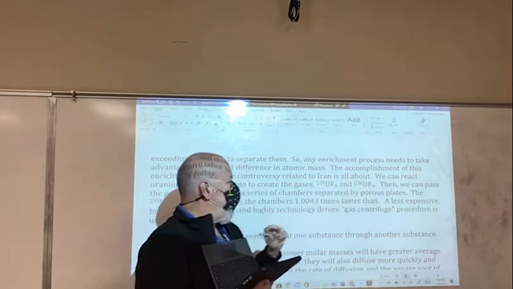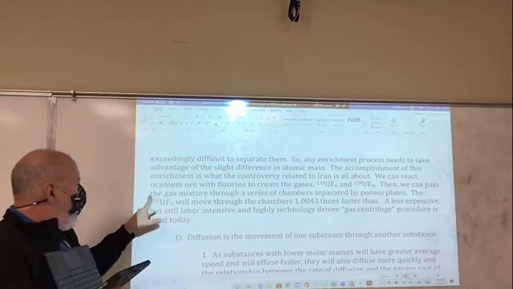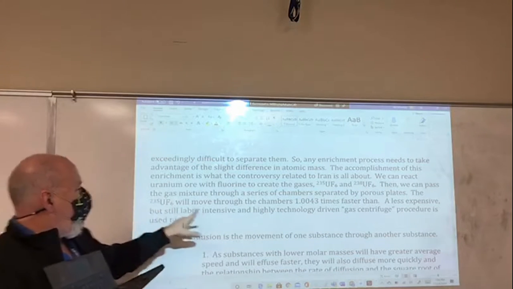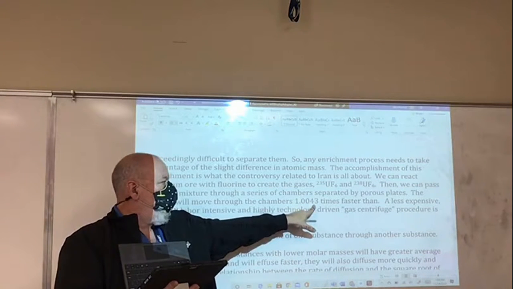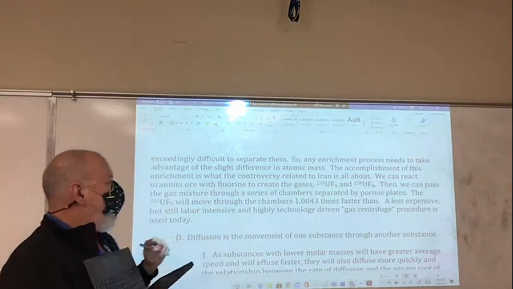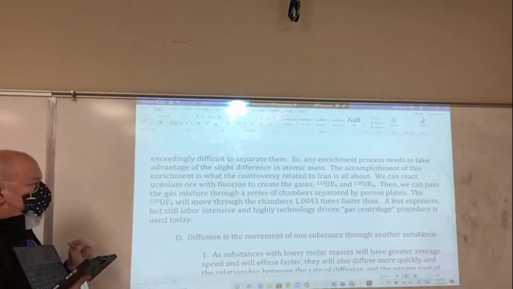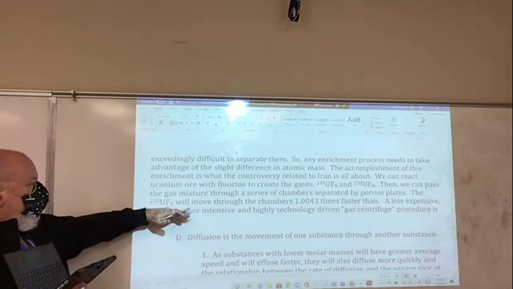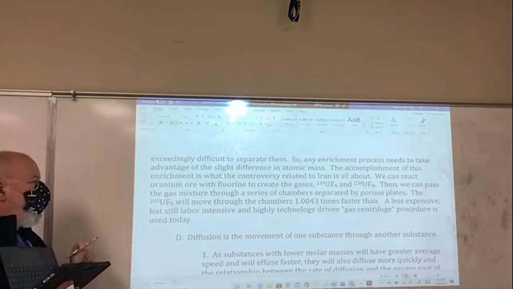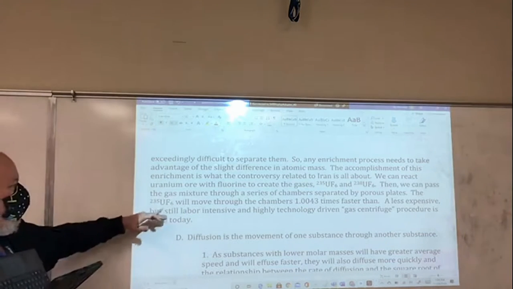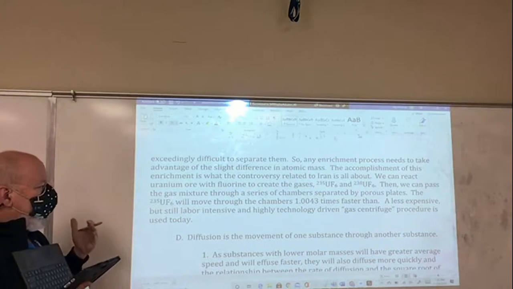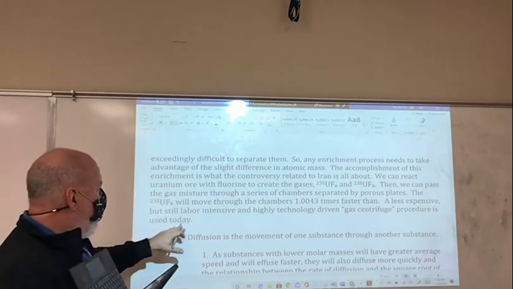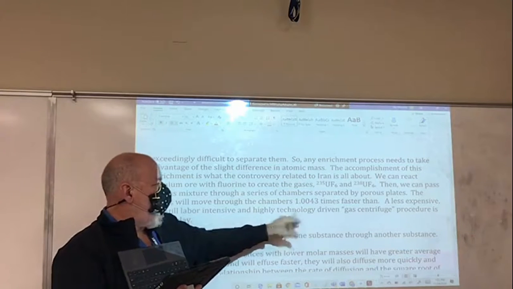And this one should effuse slower. The uranium-235 will move through the chambers this amount faster than the uranium-238 will. There's something that we've created called a gas centrifuge that's basically the same process in a much more rapid form. And this is the procedure that's used today.